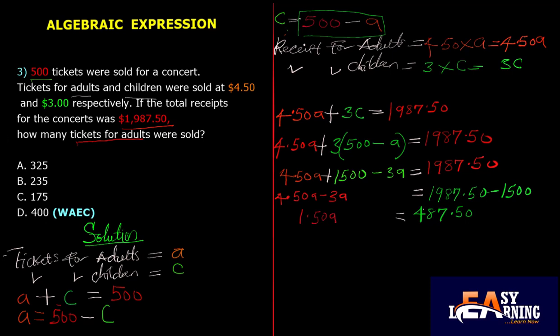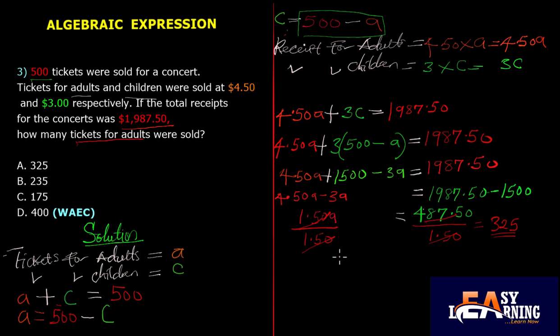Since we are asked to find A, we're going to divide both sides by the coefficient of A. The coefficient of A here is 1.50. So 1.50 will cancel 1.50, we will be left with the A, and when this cancels this, what we will be left with is 325.